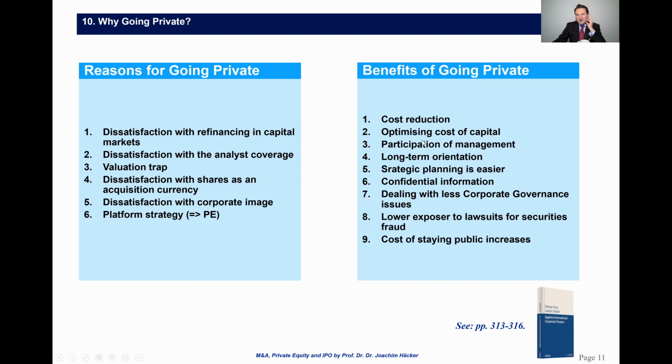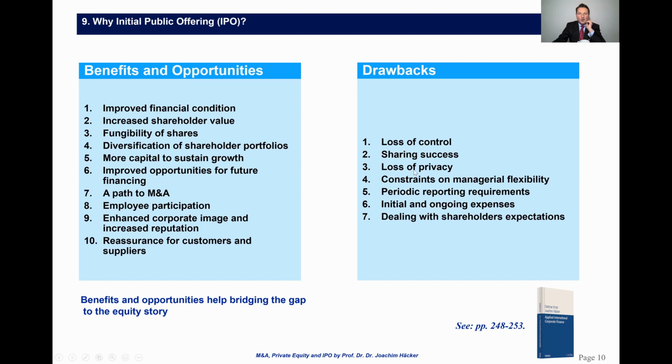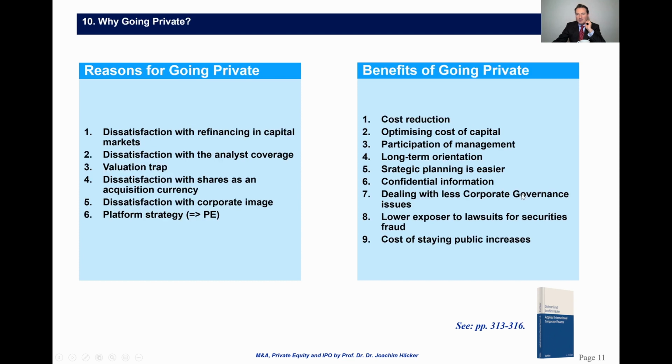You can have the management participating in the future success. You can come up with a more long-term orientation. Here in the IPO, we actually had reporting requirements, for example, quarterly reports. Here, we just publish once a year, for example. The strategic planning is much easier, and you can stick to confidential information.